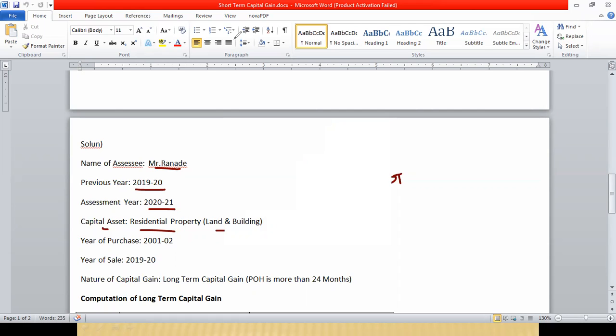Land and building will become long-term if the period of holding is more than how many months? Land and building will become long-term if it is held for more than 24 months, from the date of purchase to the date of sale, which is called the period of holding.